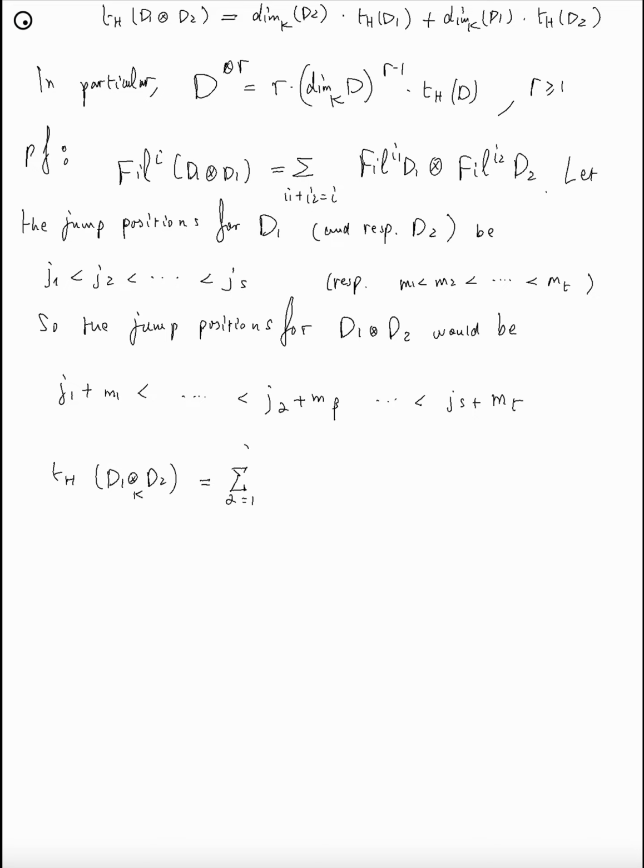For alpha from 1 to S, beta from 1 to T, I'm just running over all the possible combinations of G alpha plus M beta. I mean, this is possibly less or equal, but it should not be a problem.